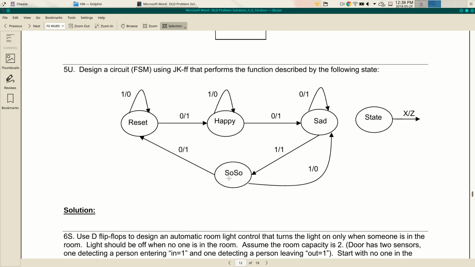A 0 takes you to sad. Output a 1. Sad, a 0 leaves you here. Output a 1 takes you to so-so. And so-so, a 1 takes you back. And a 0 takes you to reset. Okay, barring transcription errors. That's what we're working with.